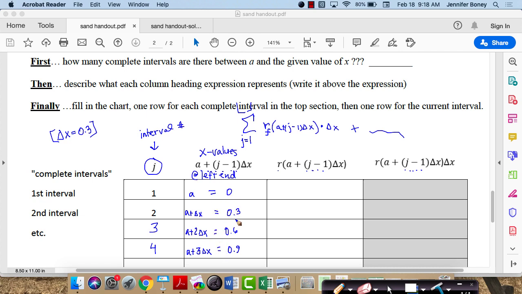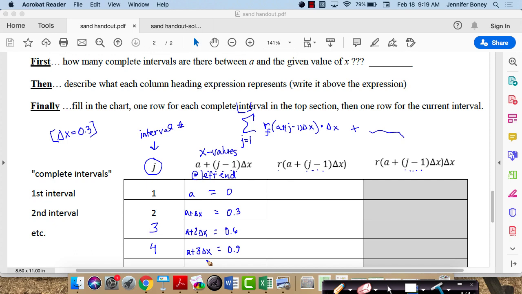So 0, 0.3, 0.6, 0.9, increasing by 0.3 each time. In other situations, if we're not starting at 0, those don't have to be multiples of delta x, but since a is 0 here, this is the same as delta x, 2 delta x, and 3 delta x. But if it's not, you get these other numbers. However, the distance between them is equal, because we have equal lengths for our intervals. They're all delta x units long.